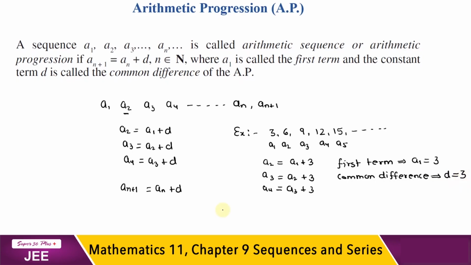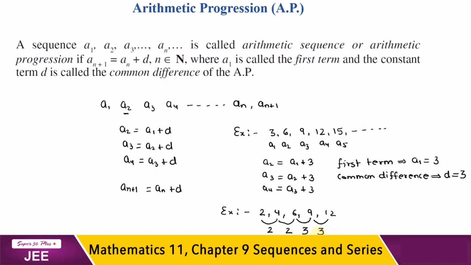Now, if I ask you another example, consider this sequence 2, 4, 6, 9 and 12. If somebody asks whether this sequence is going to be an AP or not, see, here the difference between these two terms is 2. The difference between these two terms is also 2, while the difference between these two terms is 3 and the difference between these two terms is 3.